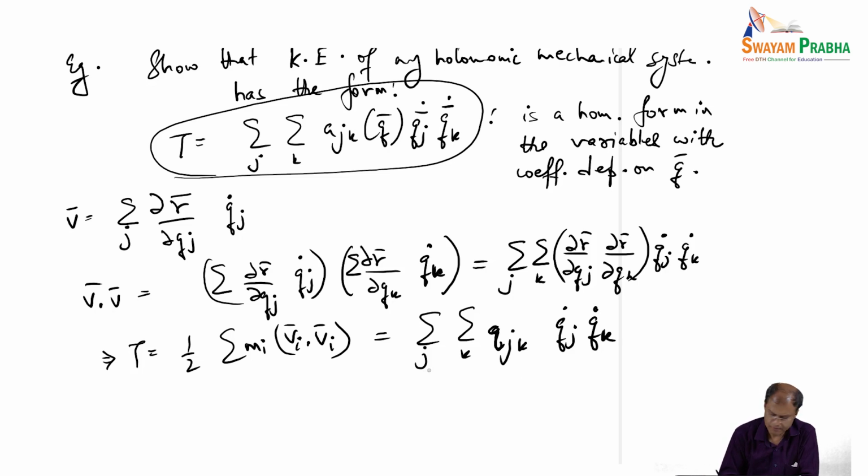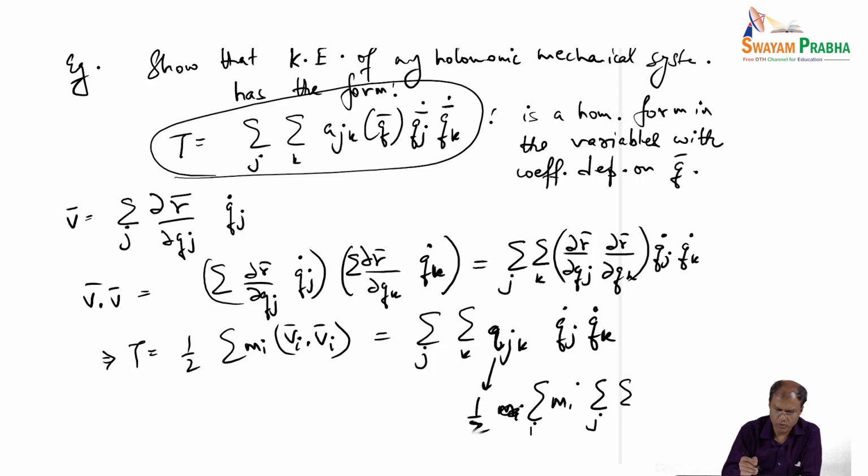So we see that my ajk's are half mi times summation over i, mi times, and well, I need to remove this double summation.